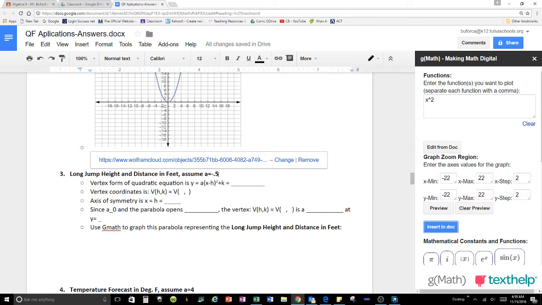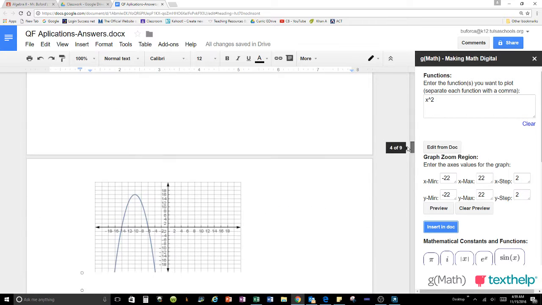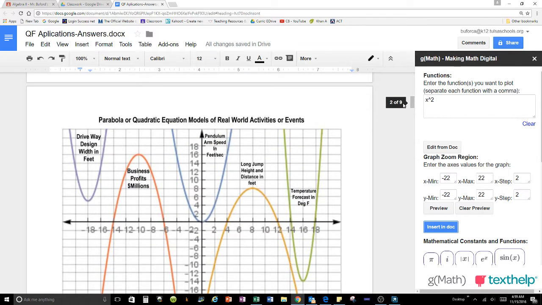And since a is negative, we know that the parabola is opening downward and that the vertex is going to be a maximum. And you can see that the parabola is opening downward. A is negative, so that means the vertex is going to be a maximum, and we can see that the vertex is at the top of the parabola, so it's a maximum.